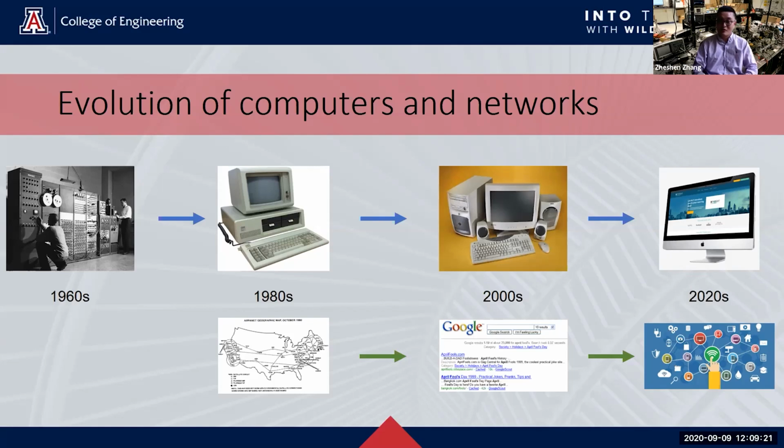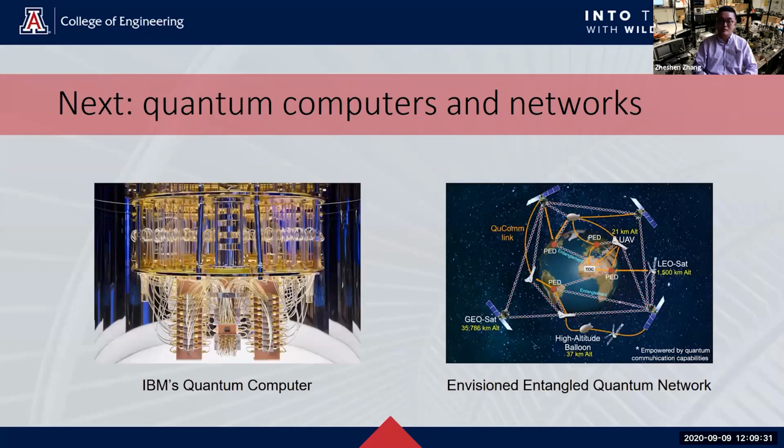Now all our mobile devices and computers are connected in the internet. So going forward, what is next? Many people have envisioned a quantum computer and an entangled quantum network to connect diverse quantum devices.